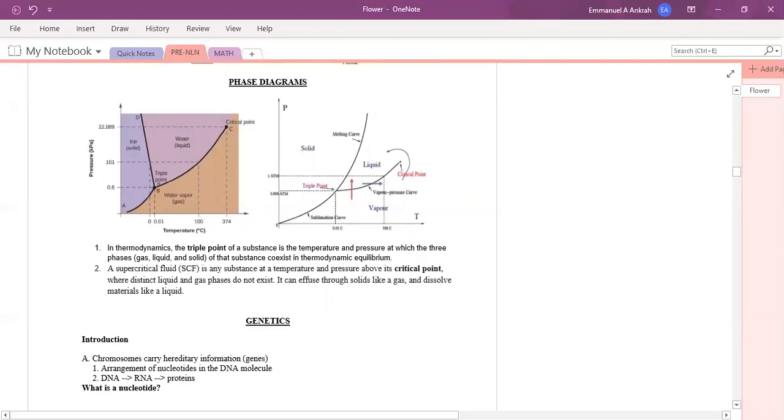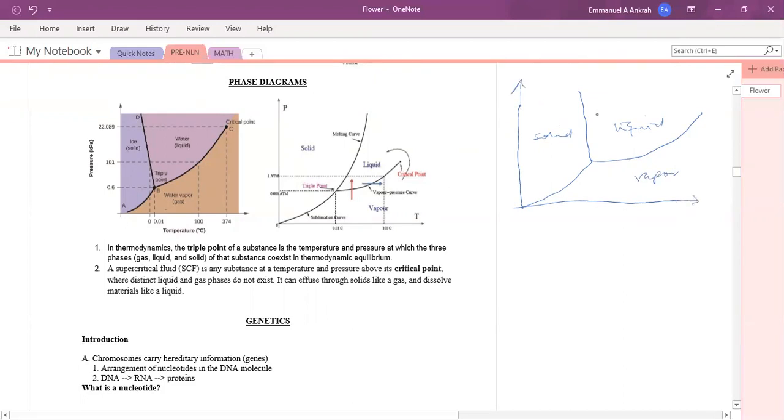So what does this line mean? CB means that if I have an object here, let me draw again on the side here. Let's say I have something like this. So this is solid. This is liquid region. And this is vapor region. Okay.